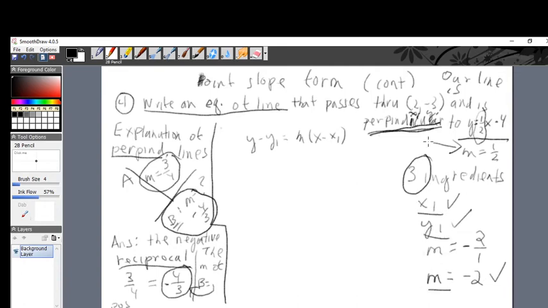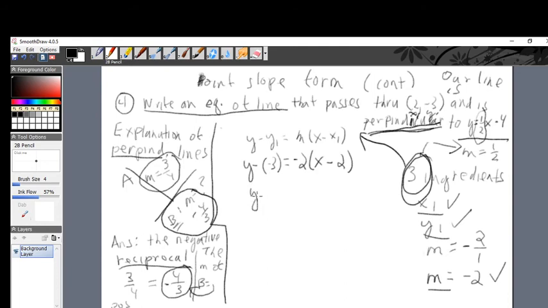We take the 3 ingredients and we put them right into the point slope form of the line. So we have y minus y1, which is -3, the slope, which is -2, x minus x1, which is 2.